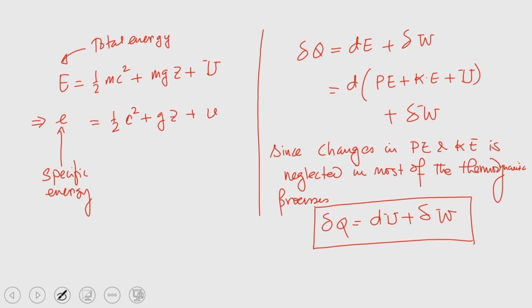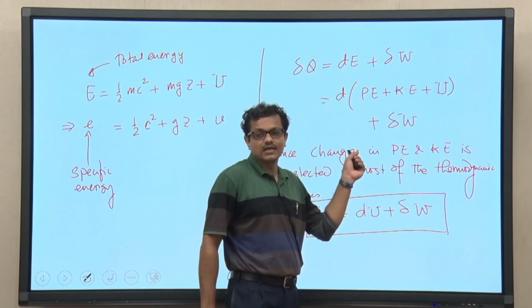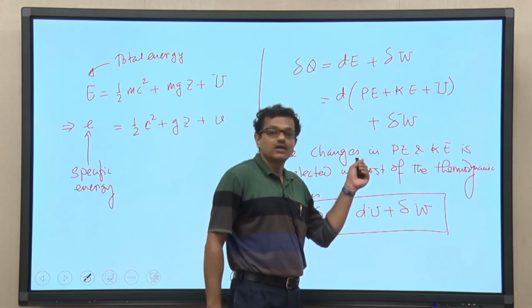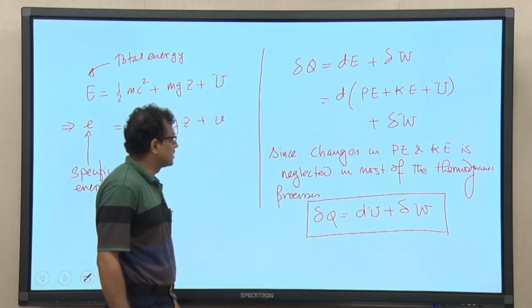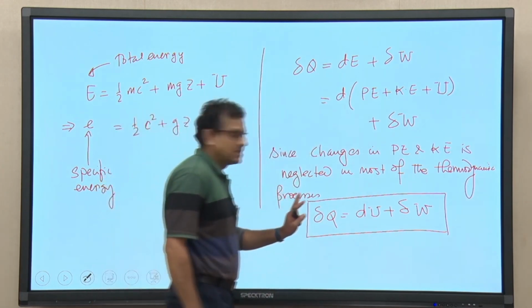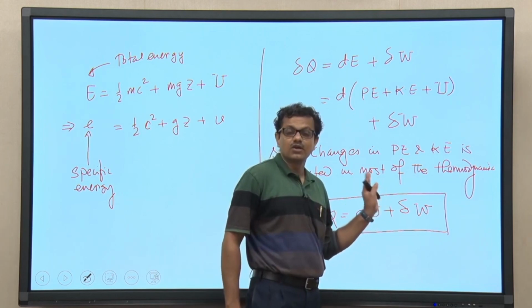We could write this form taking the assumption that the changes in potential and kinetic energy are negligible, which is mostly true for most of the thermodynamic processes. So, this is the first law of thermodynamics for the control mass system.